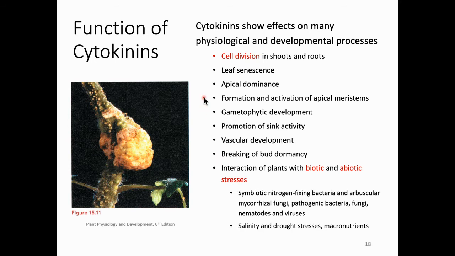As I have mentioned about apical dominance as well, and increase of interaction of plants with biotic and abiotic stresses. Abiotic stresses are caused by something not involving living organisms, like light stress, too much light, too little light, too much water, too little water, high temperature or cold temperature, for example.